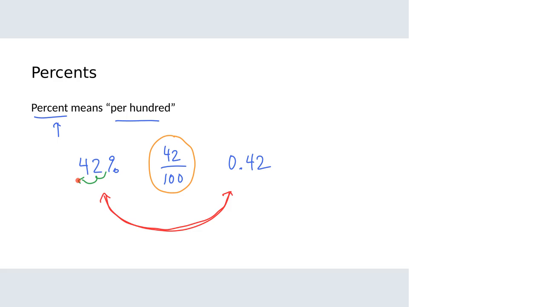And now I'll have the decimal version of it. If I have a decimal and I want to rewrite that as a percent, I just need to move the decimal 2 places to the right, and that'll be 42%. Let me know if you have any questions on anything there before we look at doing some converting back and forth between percents and decimals.